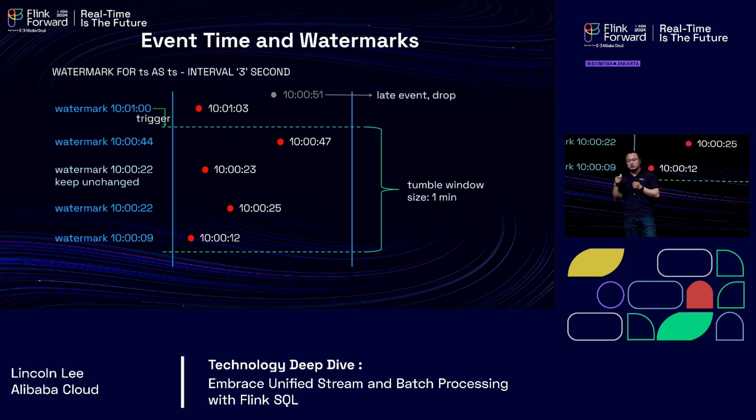So those events which come in less than 3 seconds late will be accepted as useful data. And if it is beyond the gap, it will be judged as a late event, and Flink SQL will choose to drop it. Yeah, this is the second concept of Flink SQL, event time and watermark.